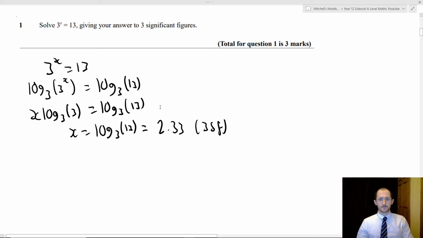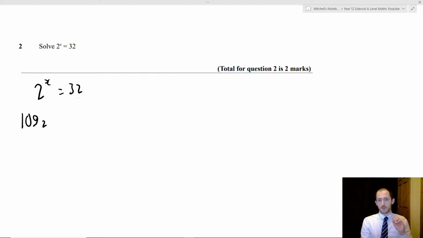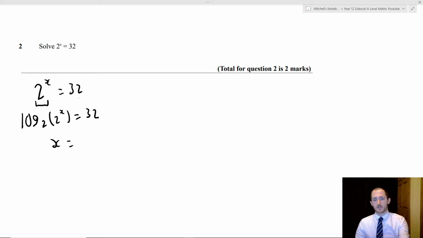Not too bad, hopefully. Again, these will gradually get more tricky. So again, we have 2 to the power of x equals 32. We want to take the log base 2 of both sides, because we always choose the base of the power to get rid of the power. Just like in the previous question, that's going to give me x equals, my apologies, I forgot to do the log.